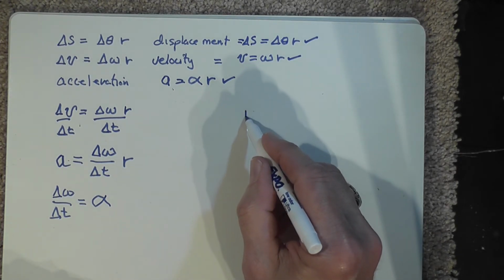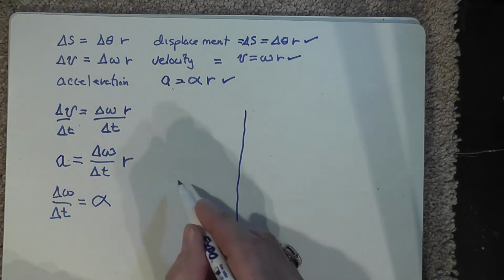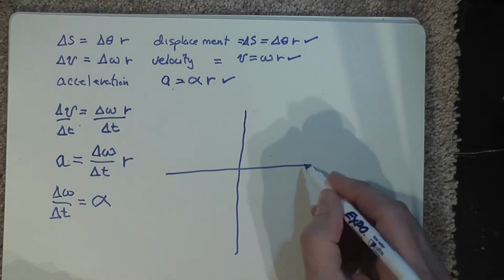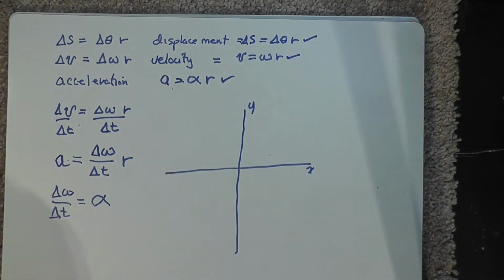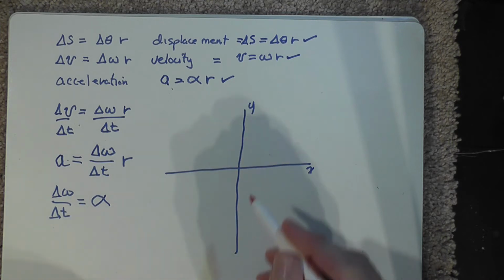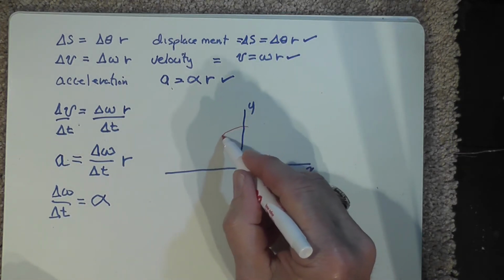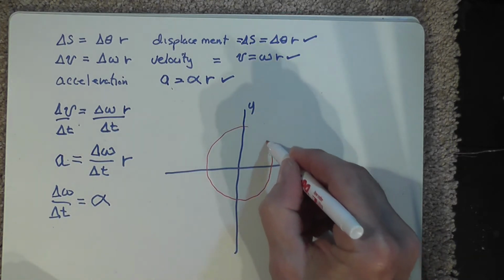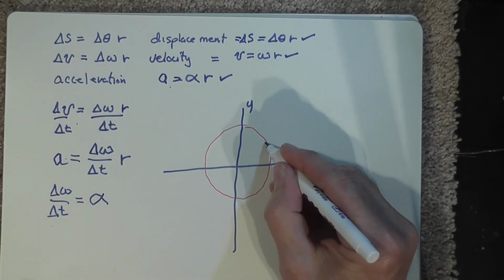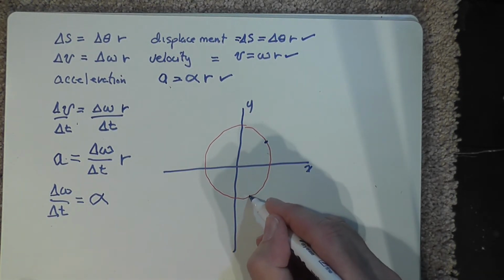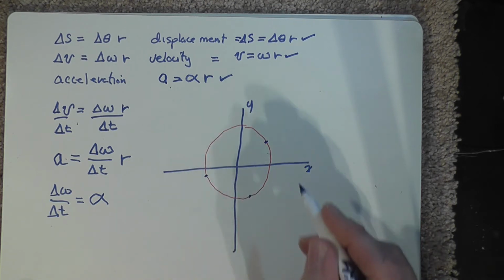So if we have a coordinate system, x and y, and we have a particle that's rotating around, okay? If we take a point anywhere on the circle, over here, I'm going to do 3 points, okay?